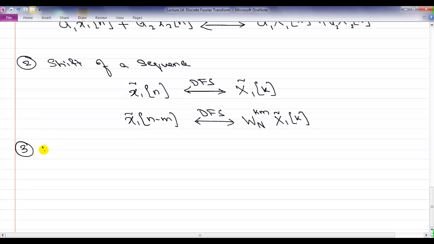The third property is that of duality, which arises because of the similarity in our analysis and synthesis equations.